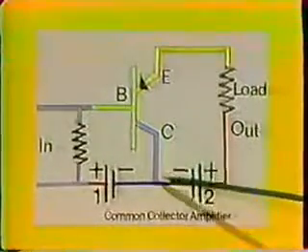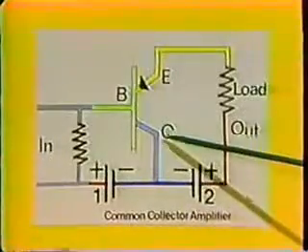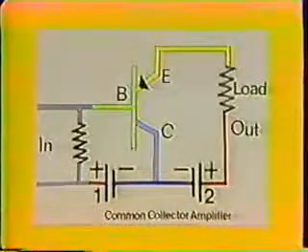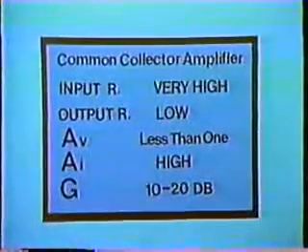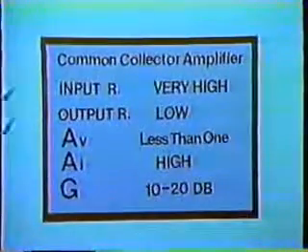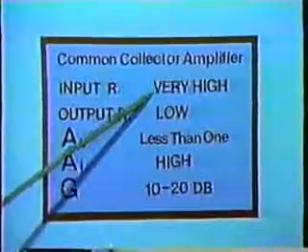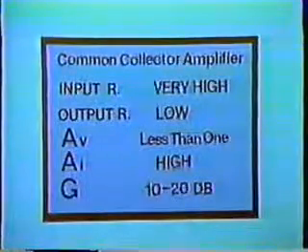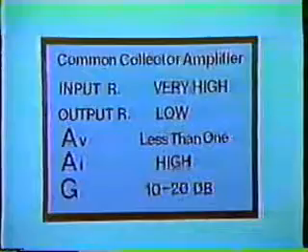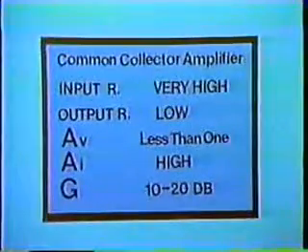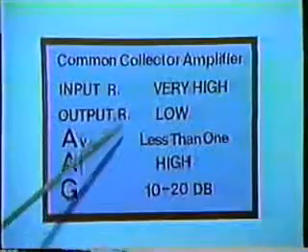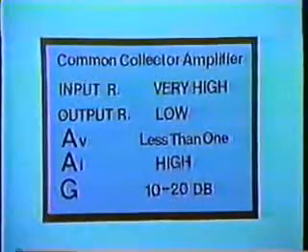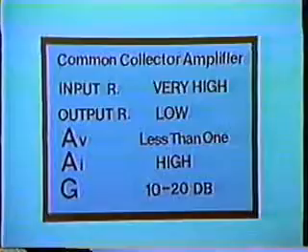The collector base junction is reverse biased by connecting the positive terminal to the base, which is N-type material, and connecting the negative terminal to the collector, which is P-type material. The common collector amplifier has an extremely high input resistance of over 100,000 ohms, and sometimes even megohms input resistance.